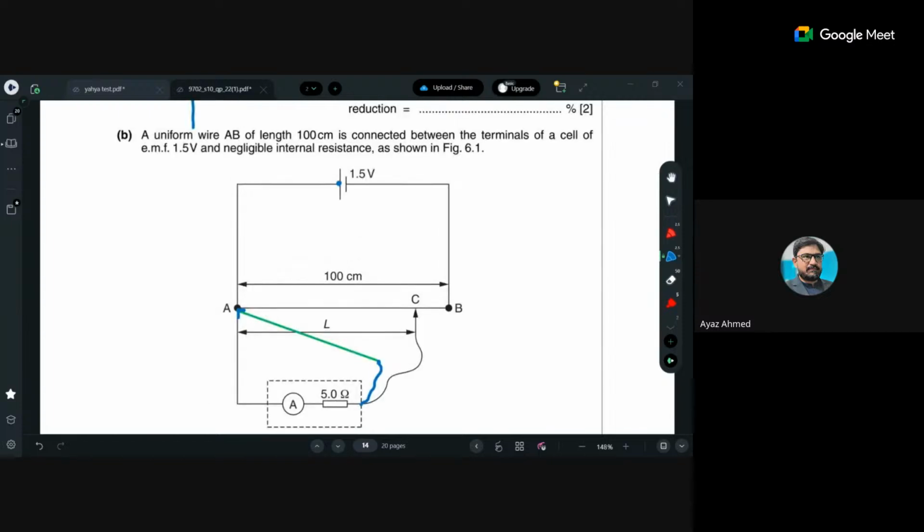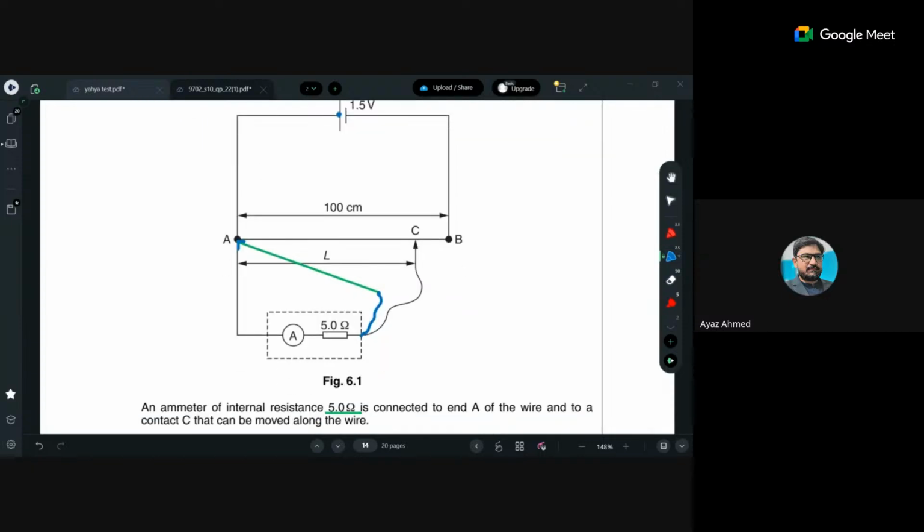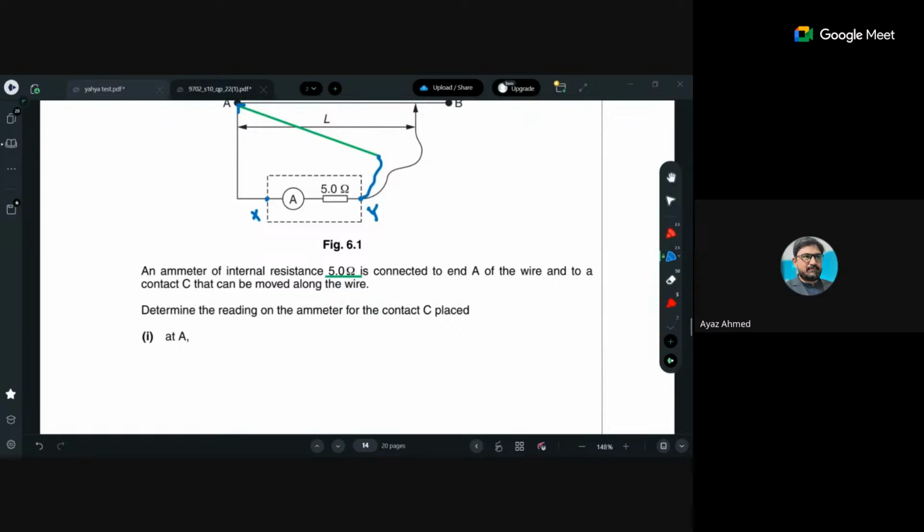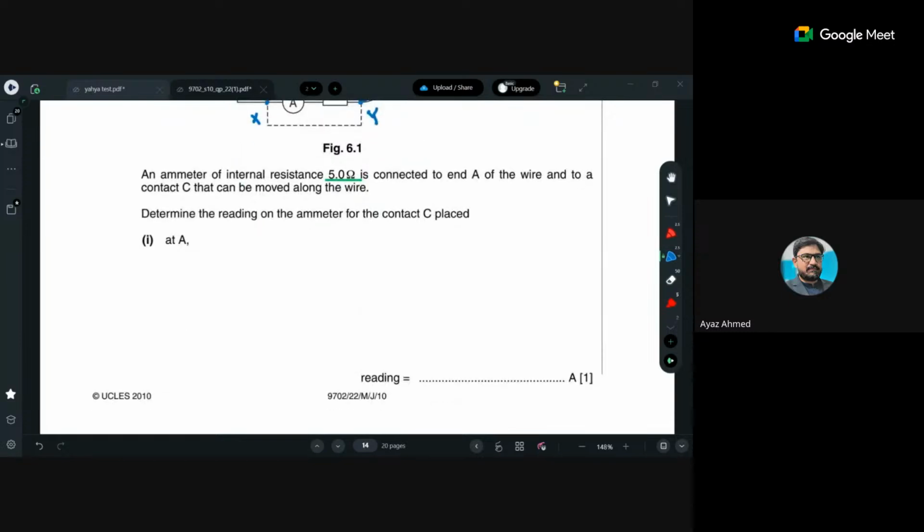Whatever the potential difference is over here, the same will be the potential difference at point A. So both the terminals are at point A. Let me mark this end X and this end Y. Both ends are at point A. So the overall potential difference would be zero, right? So current is also equal to zero. So its reading is 0 ampere, right?